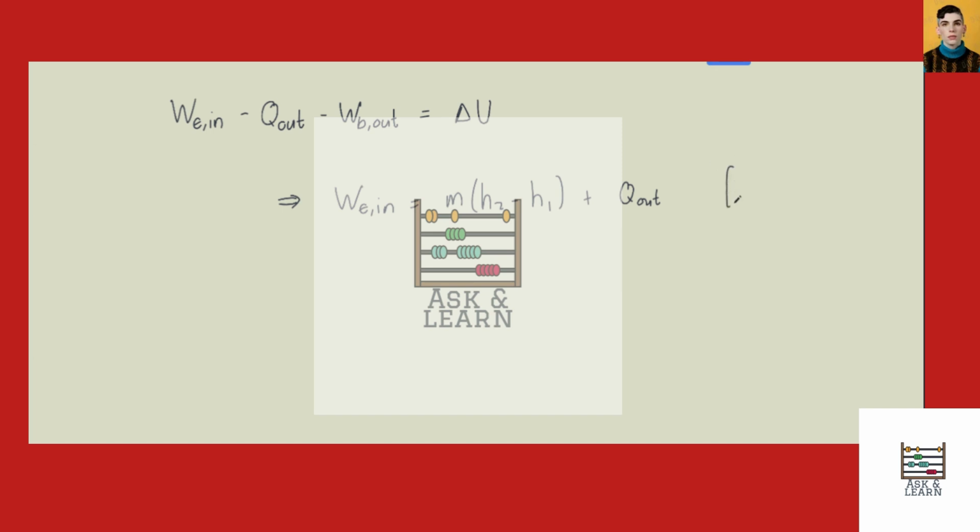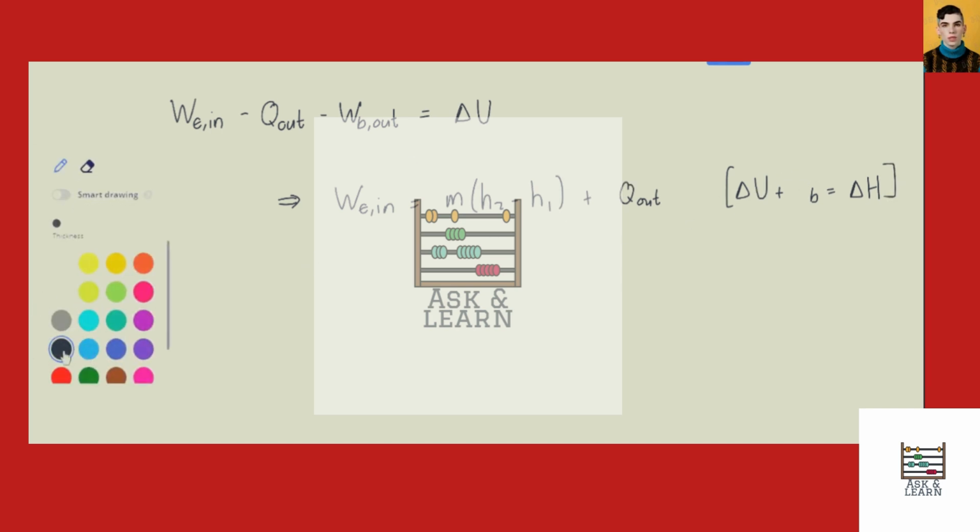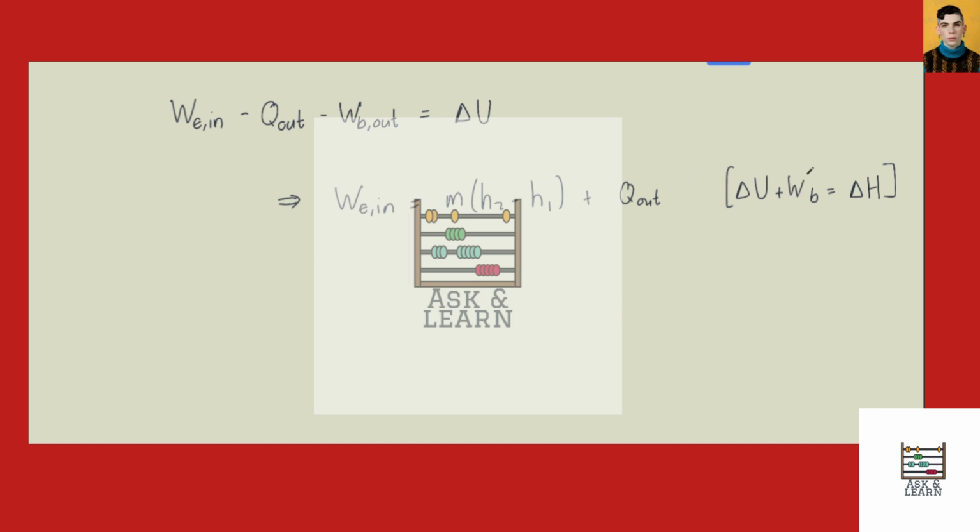And this is because, remember, delta U plus the boundary work is equal to the enthalpy change delta H. So we use this relation in our energy balance equation.